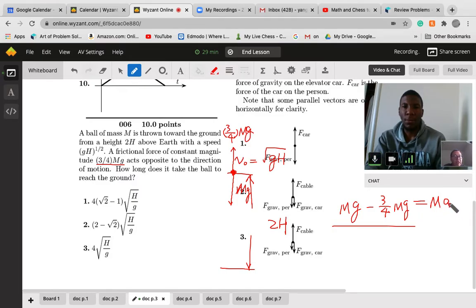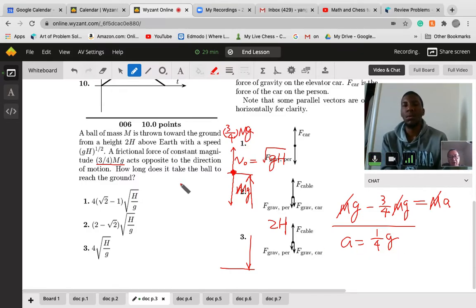By this way, we can calculate the acceleration of this ball. So this m cancels out, right? Then we got a equals g minus 3/4 of g. So you get 1/4 of g. This is the acceleration.